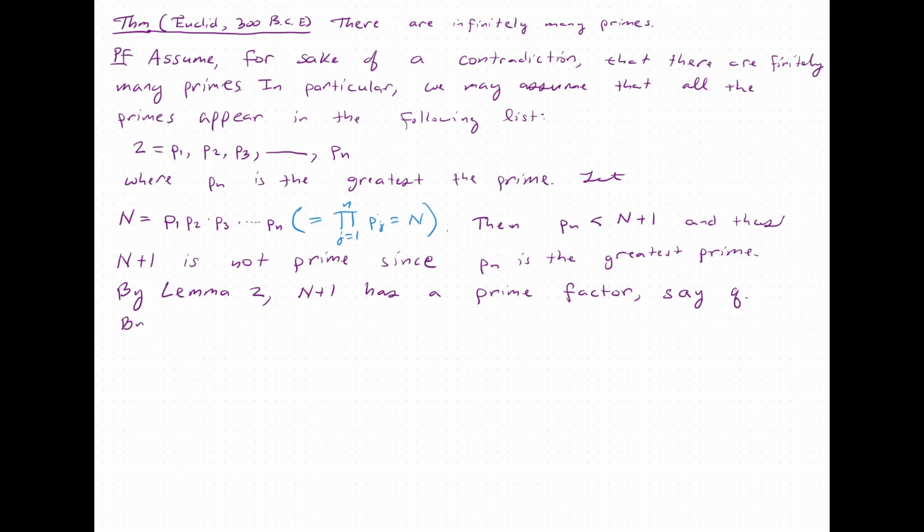By construction, q is a factor of N, because N is the product of all the primes, and so q is prime, so it has to appear in this list of primes that we're multiplying. So q is a factor of N, and now we use the linear combination lemma.